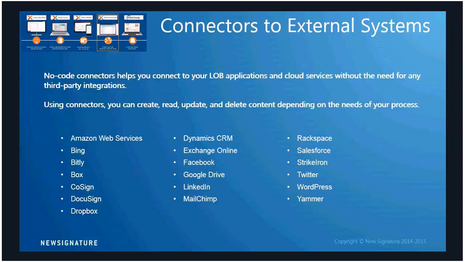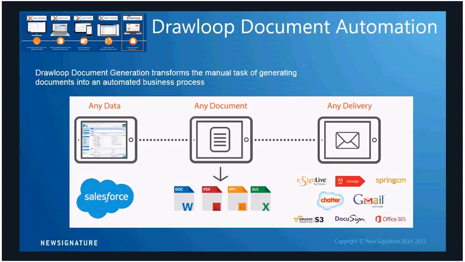And finally, let's go on to the next slide. Draw loop document automation. As you probably heard a little earlier when I was speaking about draw loop, this is the next big thing with regards to automation processes within Intex and certainly Office 365 as a whole.